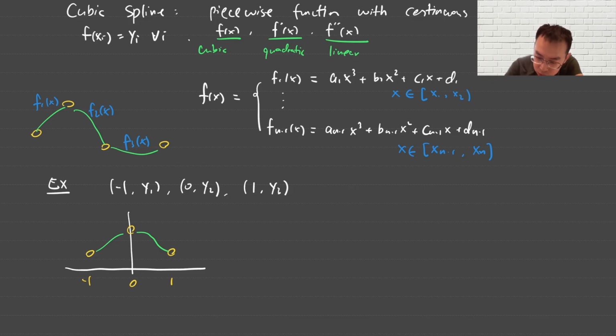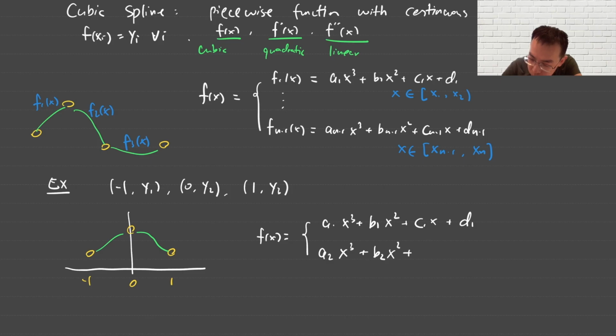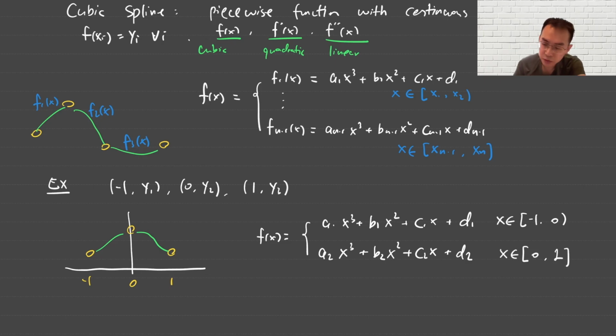This function has 2 pieces. f of x equals a1 x cubed plus b1 x squared plus c1 x plus d1, and then a2 x cubed plus b2 x squared plus c2 x plus d2. So that's our piecewise cubic function.